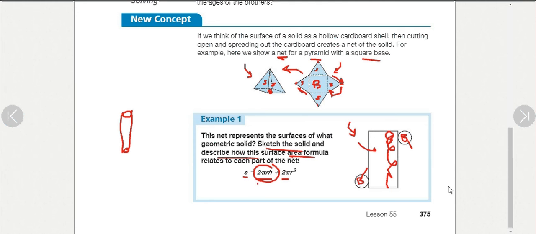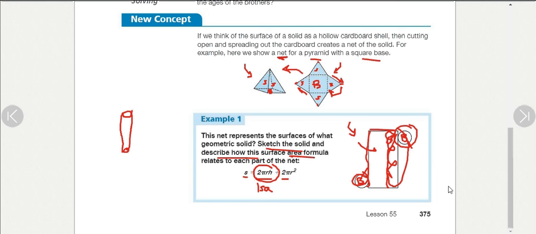I think this is the lateral surface area portion where we understand that this is basically the circumference of this as it wraps around. This is going to be equal to the circumference of each base. So that's 2 pi r. And then we multiply that by the height of the cylinder.